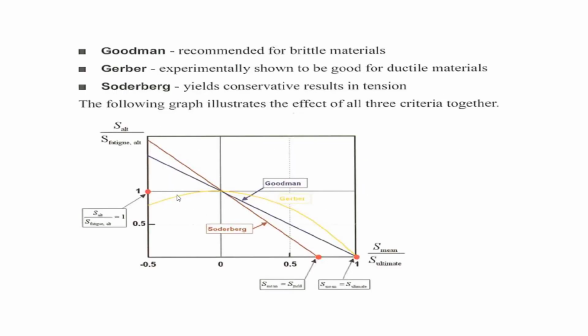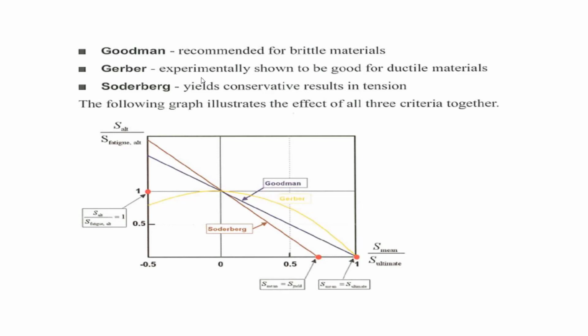Coming to the criteria, the first one is the Goodman criteria, which we consider for brittle materials. As you could see the curve here, this is the Goodman criteria curve. So if you're dealing with brittle materials, better deal with the Goodman criteria. We have the Gerber, that is experimentally known, and that is only meant for ductile materials.